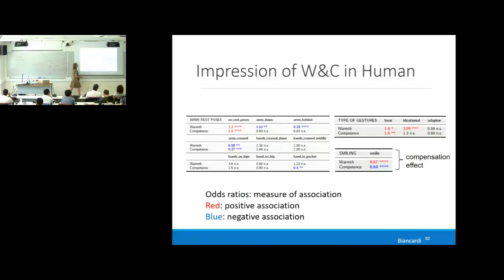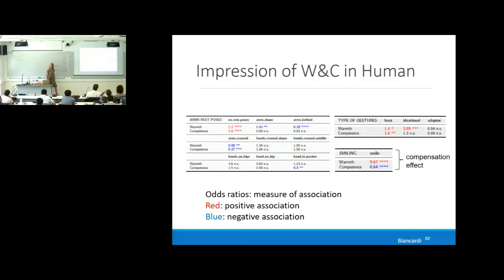While here we had a positive effect, what we call the halo effect. And we have also some negative associations with some rest positions. For example, if you have no rest position, or if you put your arms down or the arms behind, it will be negatively perceived on the warmth dimension.